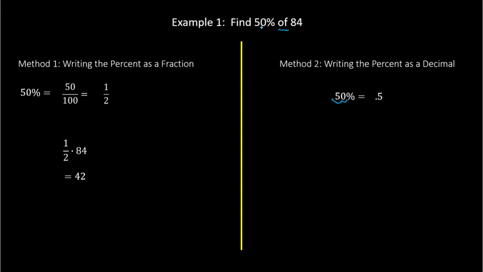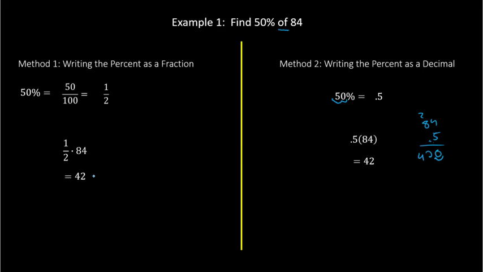So now we take 0.5 times 84, and if you multiply it out by hand: 5 times 4 is 20, carry the 2. 5 times 8 is 40, plus 2 is 42. Move the decimal point over one place because we have one digit after the decimal point here, to get 42.